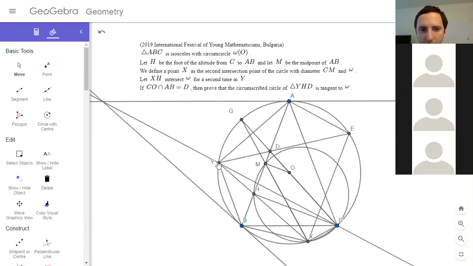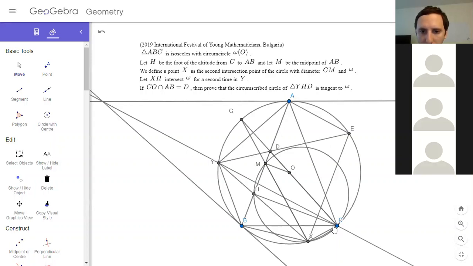So we're saying AYBC is a harmonic quadrilateral. Is that obvious? It feels like it has to be provable. AYBC we want to show is harmonic.